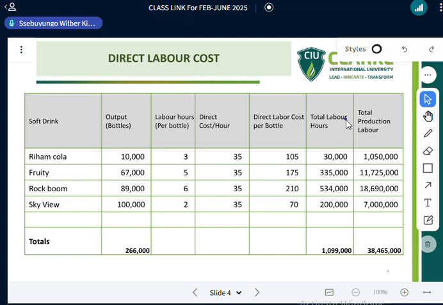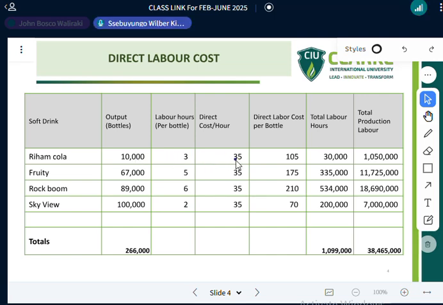Now, total labor hours here: we have 10,000 bottles of Riham. How many hours were spent to produce them? We see that there are 10,000 bottles, and each bottle needed 3 hours to produce.